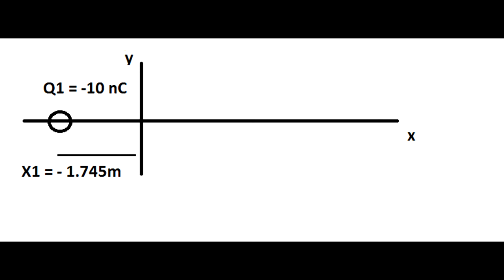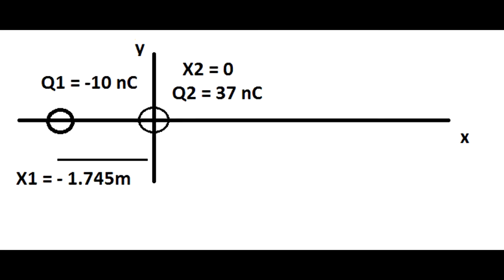Now we're going to place the xy coordinate and place Q1 in the coordinate. So Q1 is minus 10 nanocoulombs and the x coordinate for Q1 is negative 1.745 meters on the x-axis. Then we're going to place Q2 at the origin.